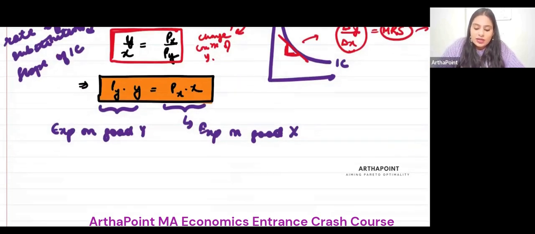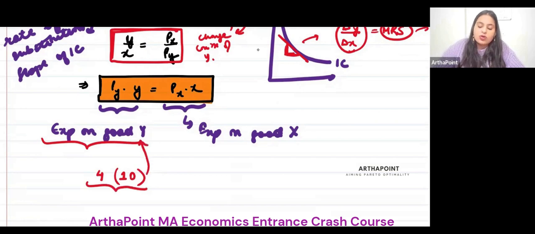PY into Y is equal to PX into X. PY into Y means what? It is my expenditure on good Y. Just for example, if I buy 10 units of good Y, each at price 4, then 40 is the expenditure on good Y. And PX into X is what?